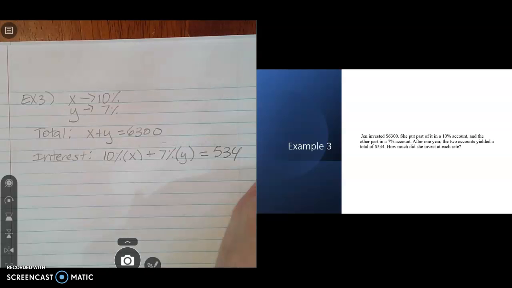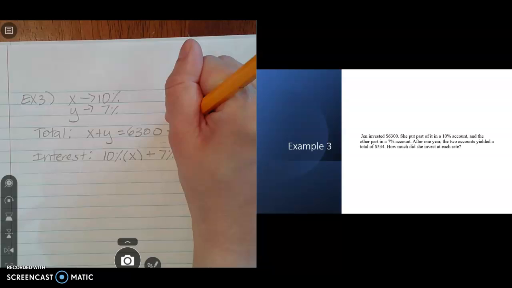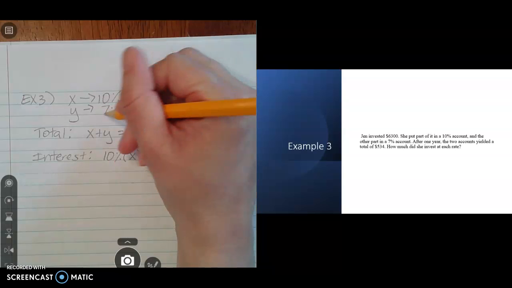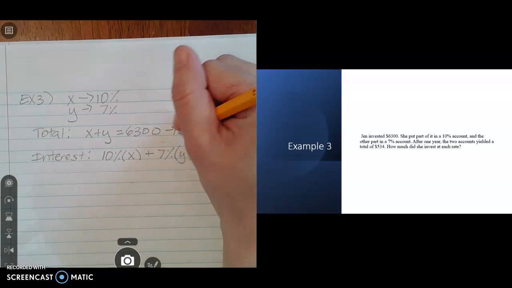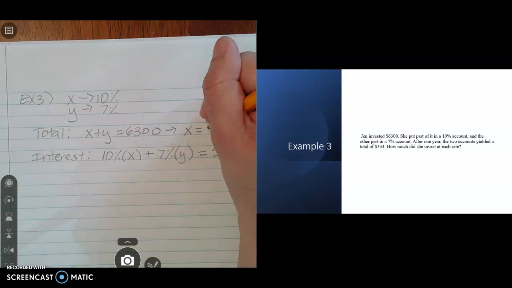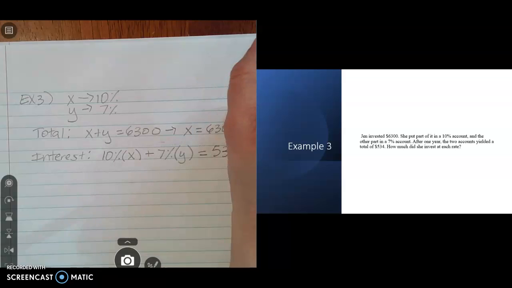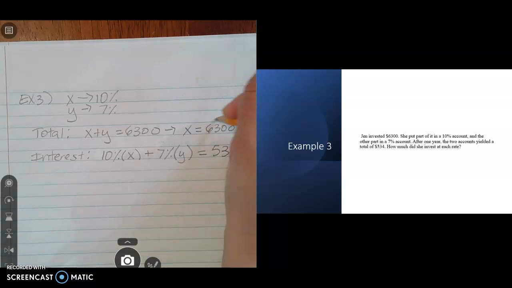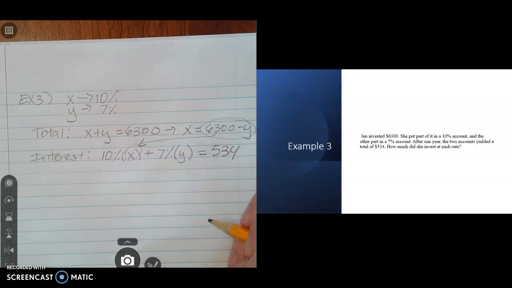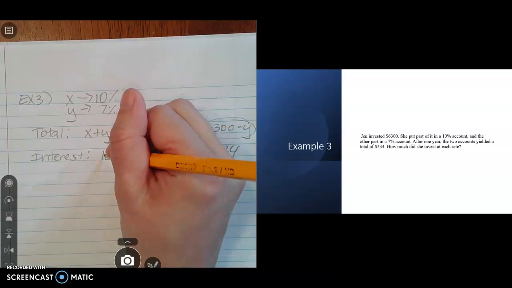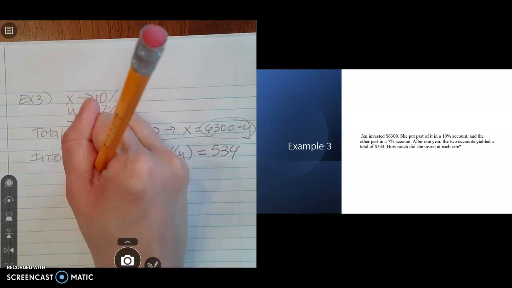So now we have two equations set up with two variables. I think this looks like a good time to use substitution. I'll use that first equation, x plus y equals 6,300. How about I subtract y from both sides to get x by itself? So x equals 6,300 minus y. Then I can substitute this in where there's an x, so I have just one variable in my one equation. 10% as a decimal is 0.1.